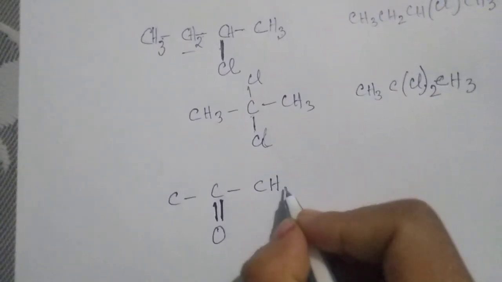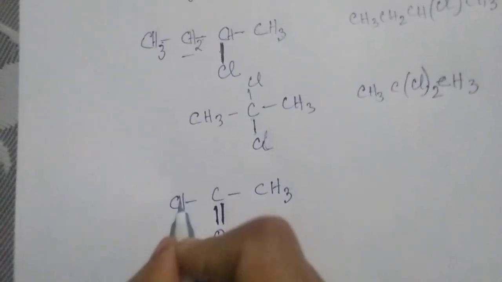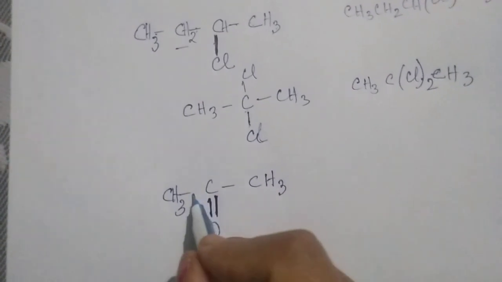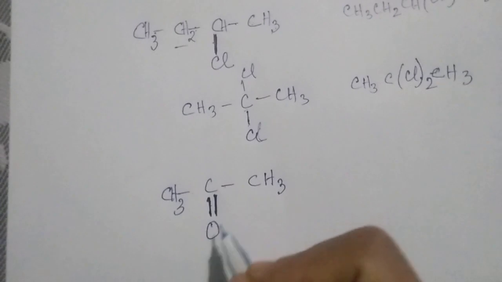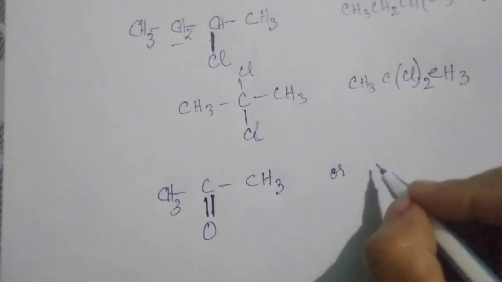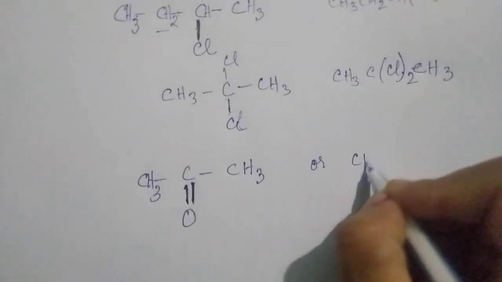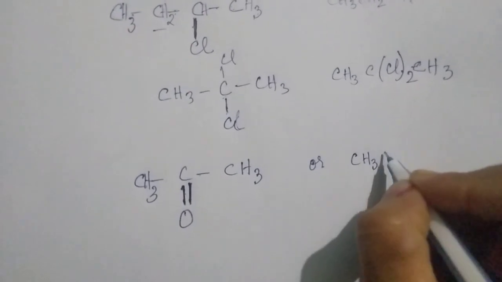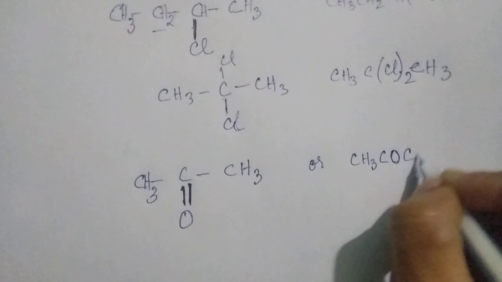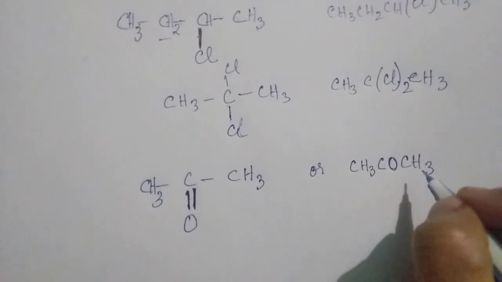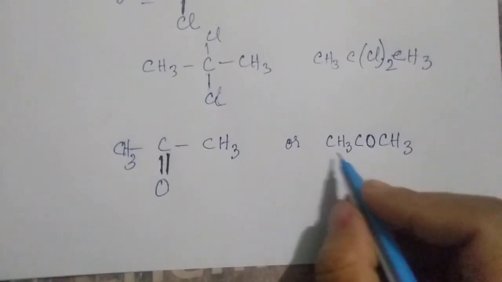Then carbon, you balance it by hydrogen. Then 1 2 3 4, already balanced the four valency, the four bonds. So when we write the formula, we have to write in this way: CH3CO, CH3. So this is the form.